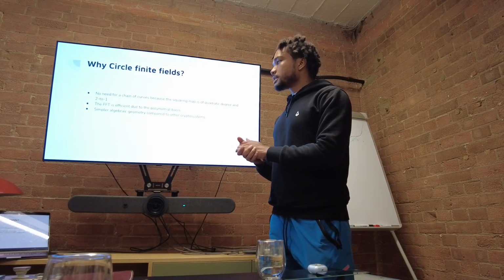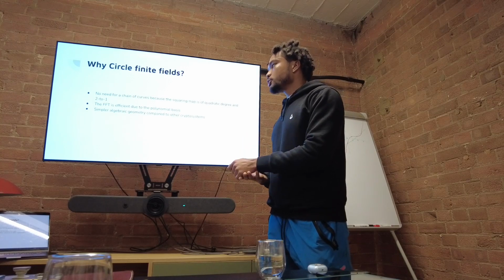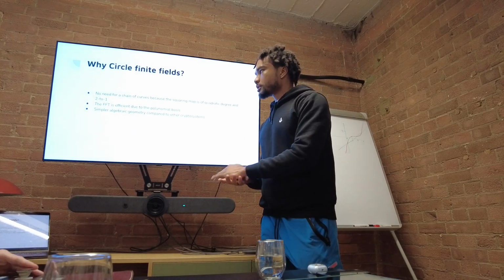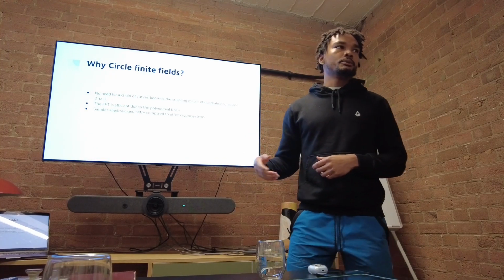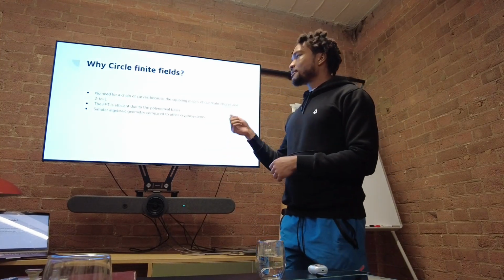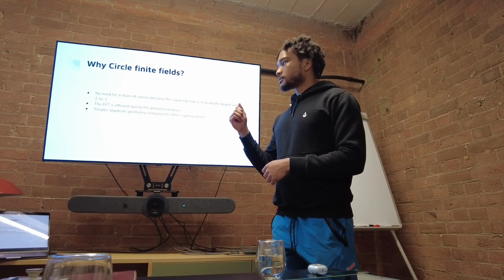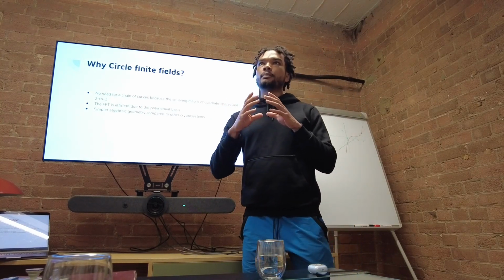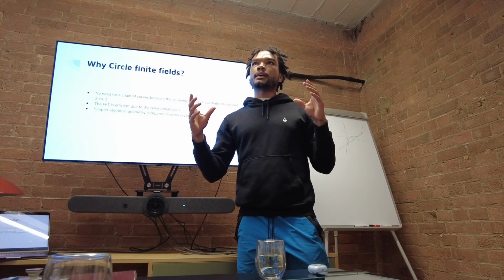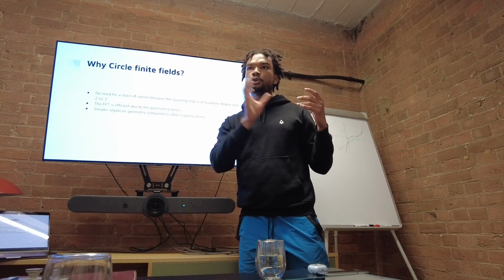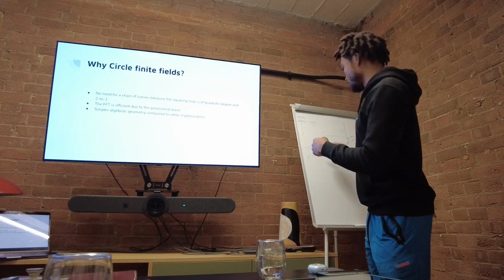And then the second one is that the FFT is efficient due to the polynomial basis. This was another, I don't have a math degree, I have a computer engineering degree, but I feel like this one was, so you have polynomial basis, which is how you're going to define the polynomial that you're creating these proofs on, right?